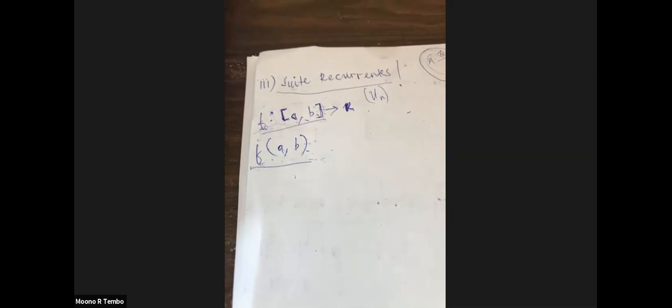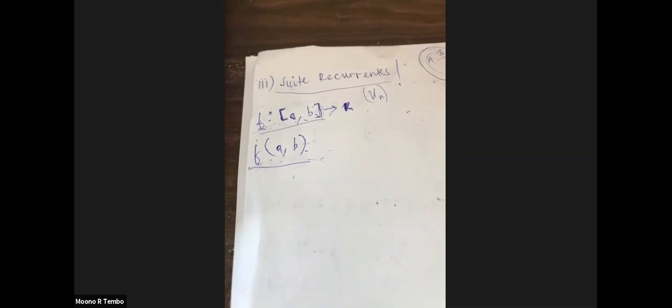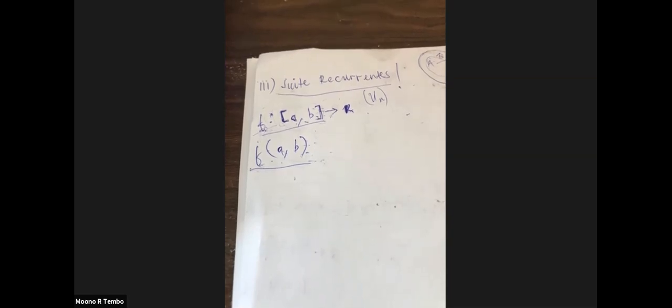Now, when we say a suite is recurrent, it means that a suite is defined by its domain, and this same domain is a member of your A and a member of your B.